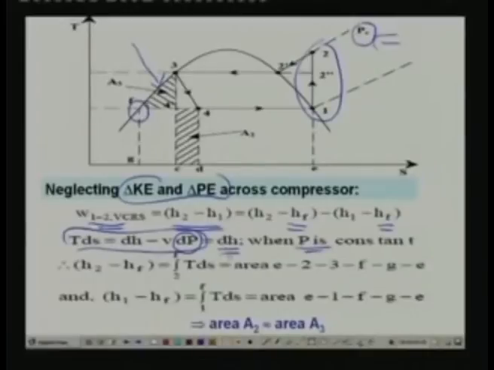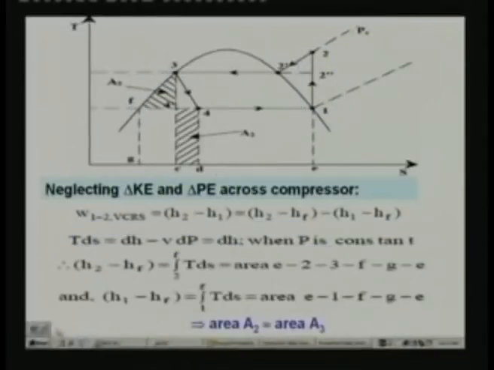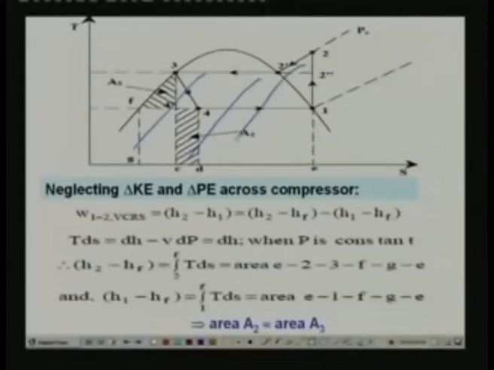What is dH here? dH is nothing but H2 minus HF. So H2 minus HF is equal to integral TdS, which is nothing but the area under the process 2 to F, that means this entire area. That is equal to H2 minus HF.